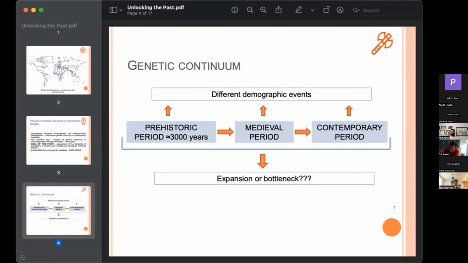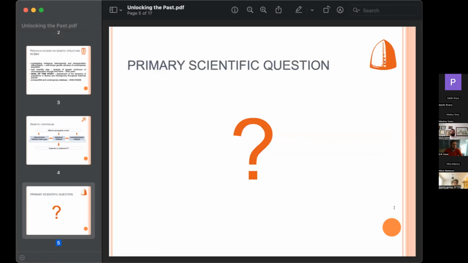Through advancements in genomics, bioinformatics, and archaeology, we can actually trace the threads of our genetic heritage. This exploration offers us a unique window into the migration patterns, adaptation of the population, and possible expansion or bottleneck of these populations. It also illuminates how ancient genes persist in modern day populations.